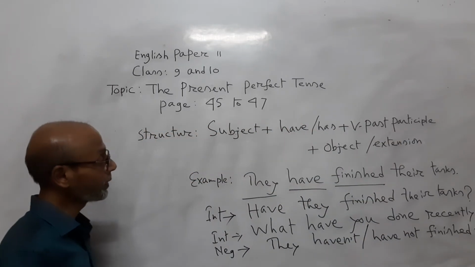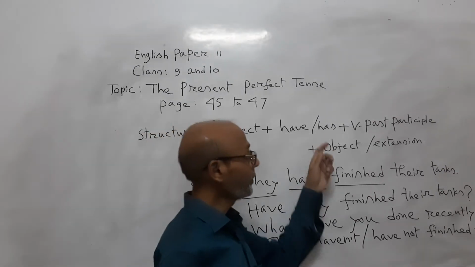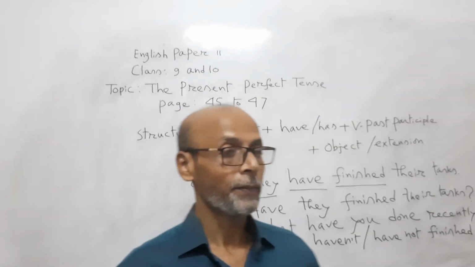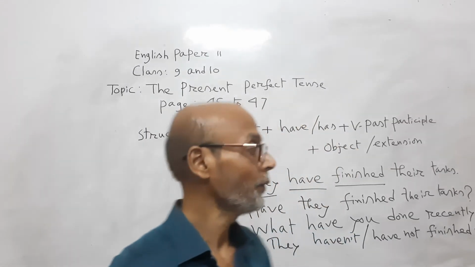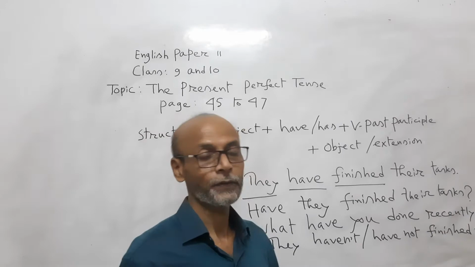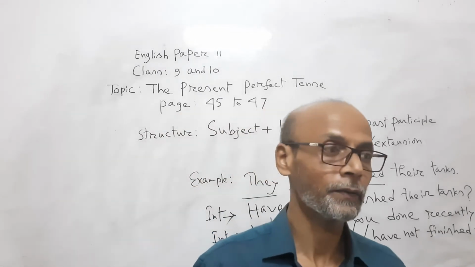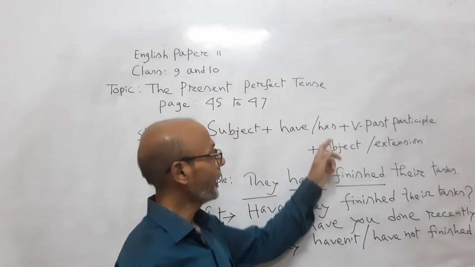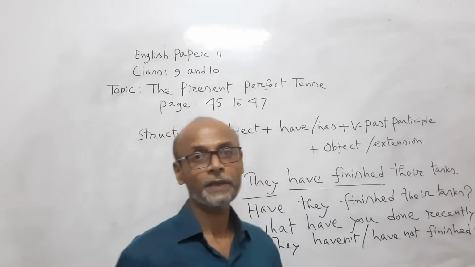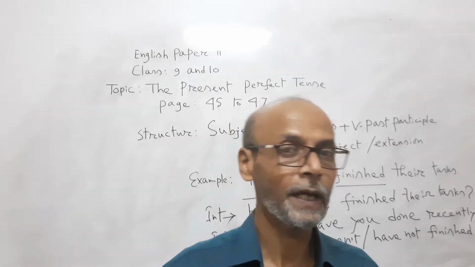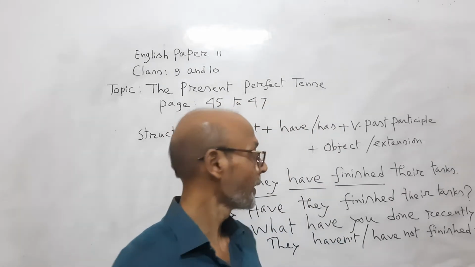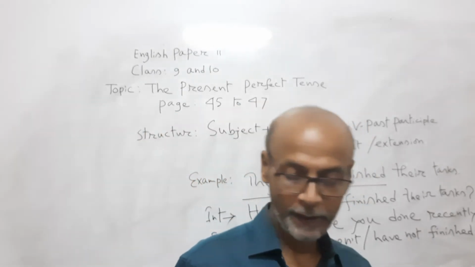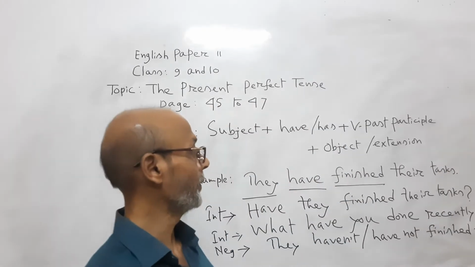Now remember, there is also a form as in the sentence when we find the subject is third person and singular, for example he, she, that time we have to use has. For example, he has finished, he has gone. I think you have got the point clear. You will make this type of sentences.